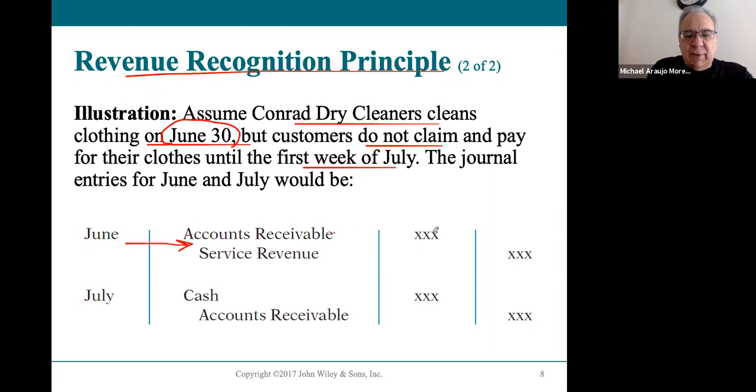You set up a receivable to show you haven't received the cash yet, but you are going to credit your service revenue on June 30th because that's the day you did the work. That's what's required on the revenue recognition principle. Then a week or so later, when they come and pick up their clothes, they give you the cash.